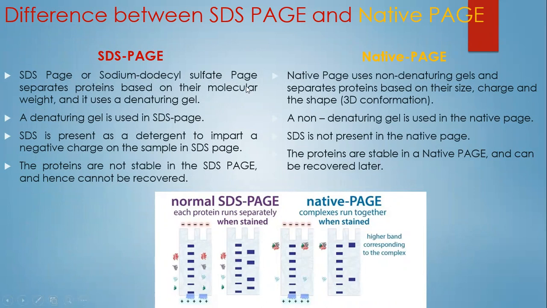SDS-PAGE, or sodium dodecyl sulfate PAGE, separates proteins based on their molecular weight, and it uses a denaturing gel, whereas native PAGE uses non-denaturing gels and separates proteins based on their size, charge, and shape. SDS is present as a detergent to impart a negative charge on the sample in SDS-PAGE. SDS is not present in native PAGE.